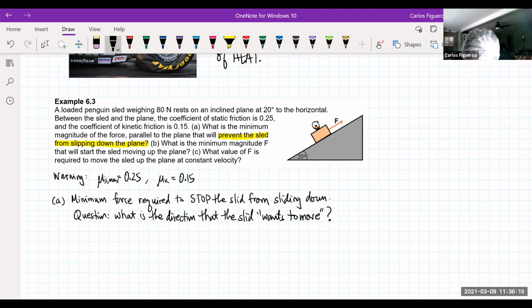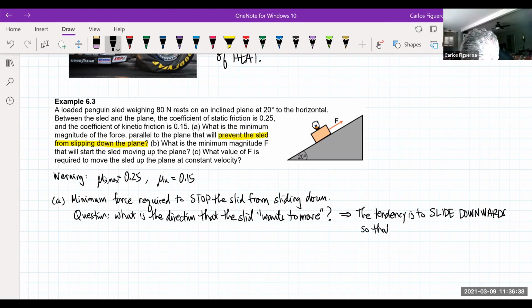So what we say here is this: the tendency is to do what? Is to slide upwards.